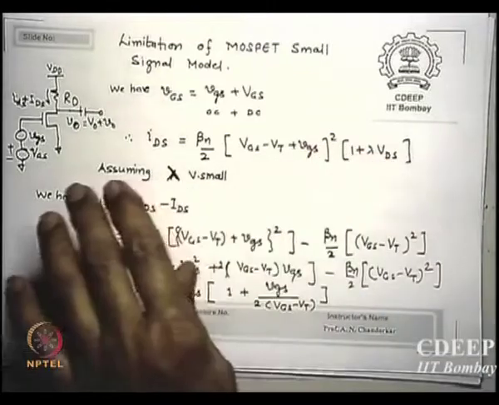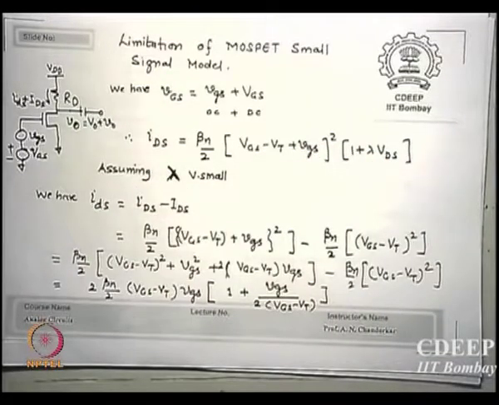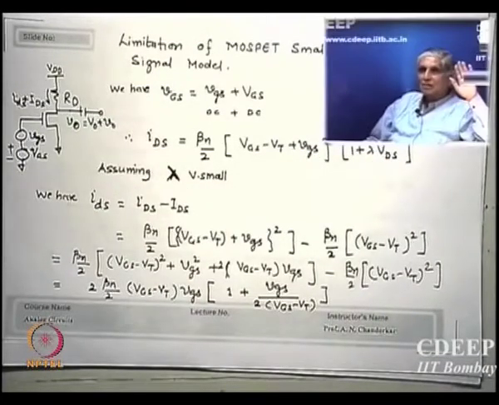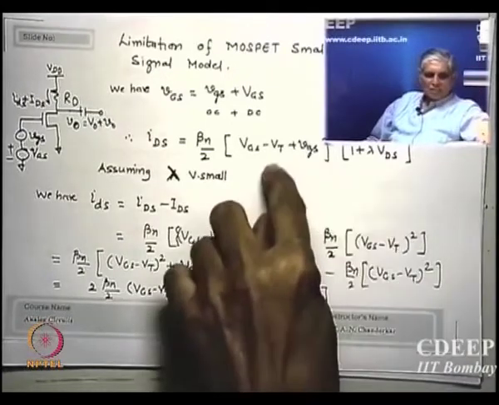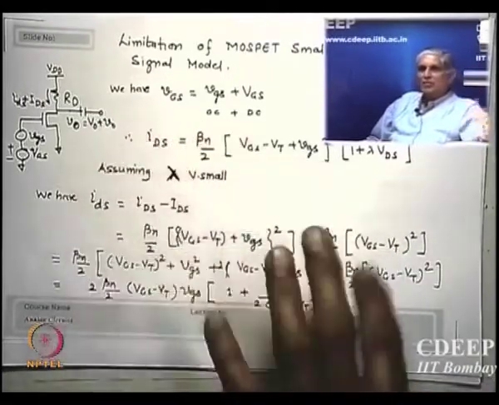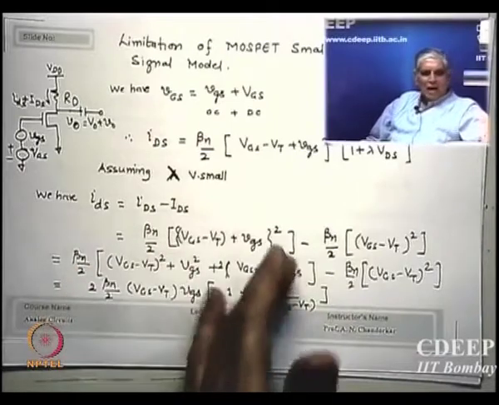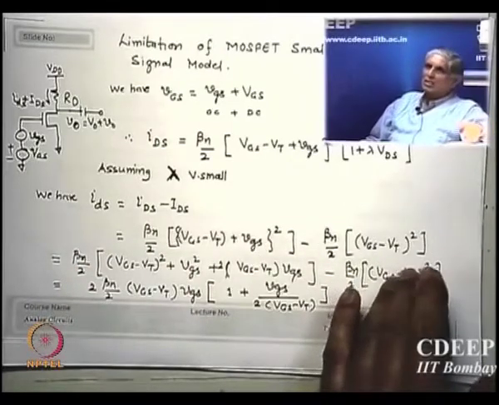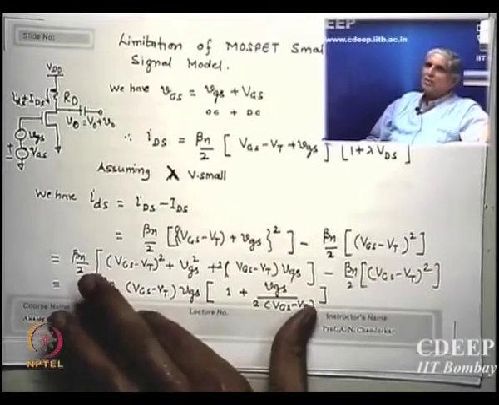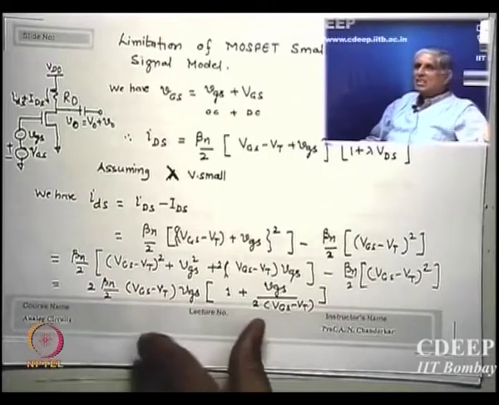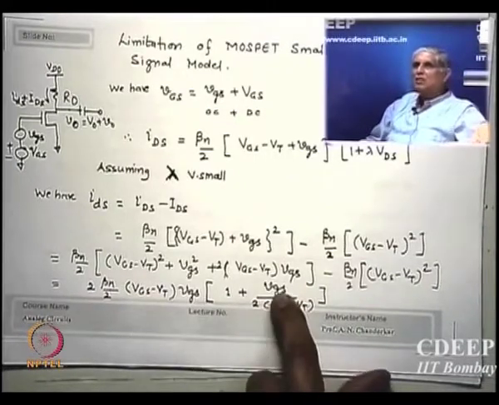I never said the current is linear, but I really want gm to be linear. I said this is definitely a non-linear term, and I am subtracting another non-linear term out of it. So this term is non-linear. To make a linear case, I said this term should be smaller.